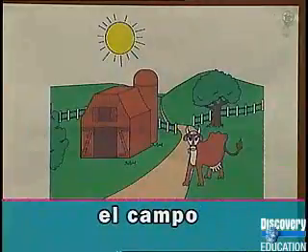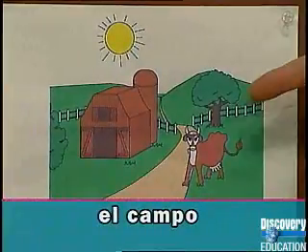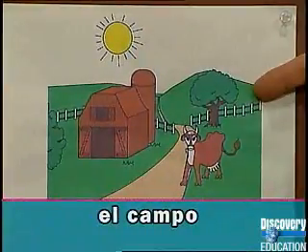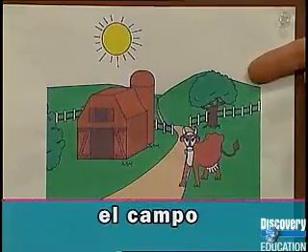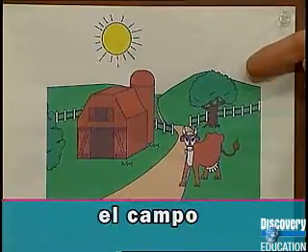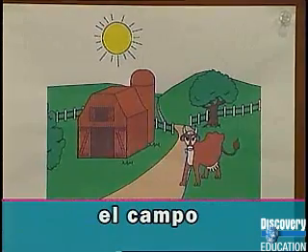But you might live way out where there are very few people, very few buildings. You might live in a place like that. And if you did, you'd answer, vivo en el campo. And remember, we talked about this in the first unit. We said somebody trabaja or works in el campo. So you could say, vivo en el campo.